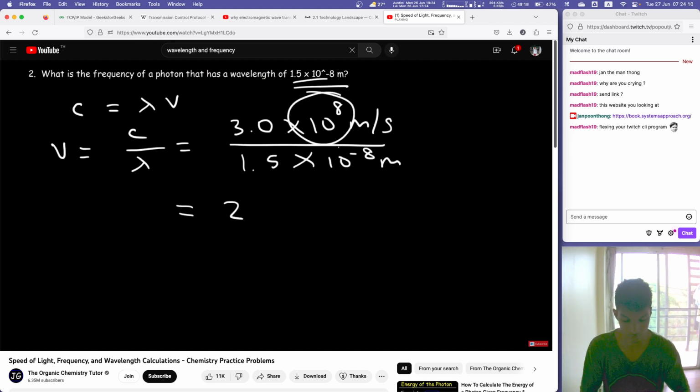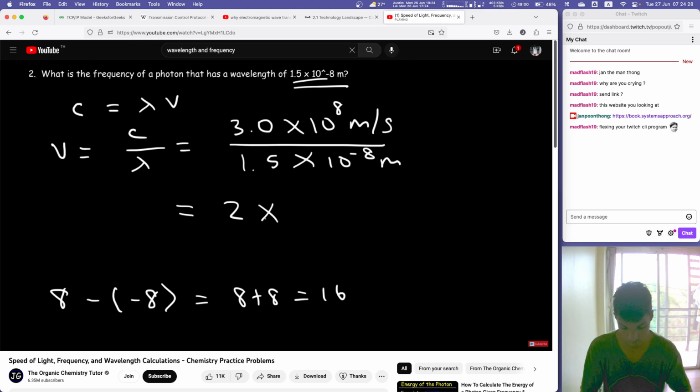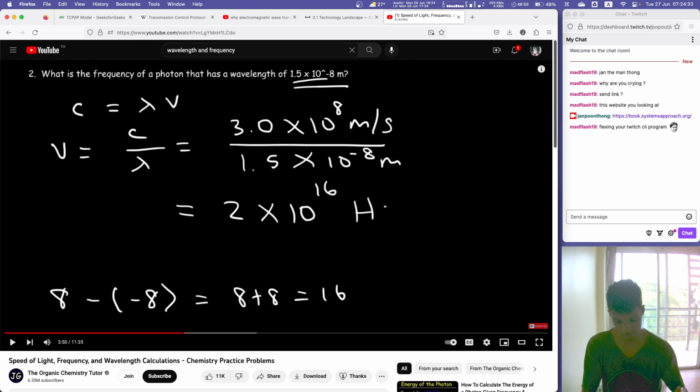Now what's 10 to the 8 divided by 10 to the negative 8? When you divide by a common base, you need to subtract the exponents. So you take the top exponent, which is positive 8, and subtract it by the bottom one, which is negative 8. 8 minus negative 8 is the same as 8 plus 8, so that's 16. So the answer is 2 times 10 to the 16 hertz. So that's the frequency of this photon.